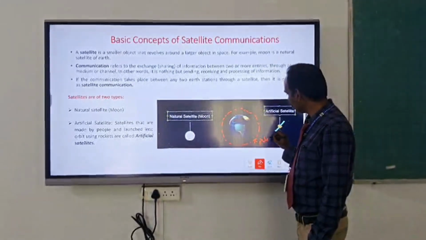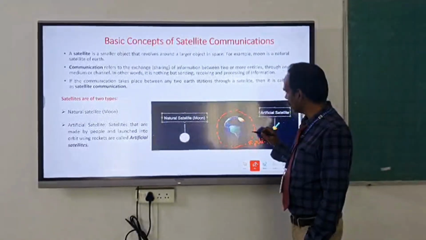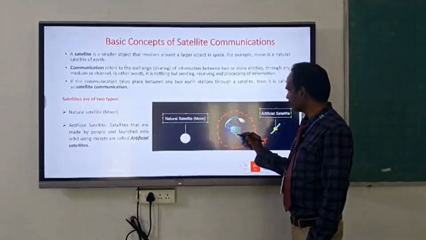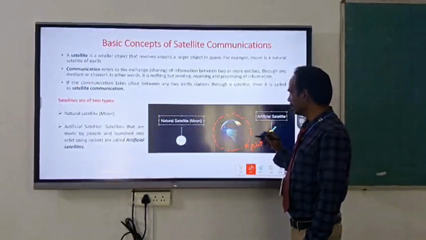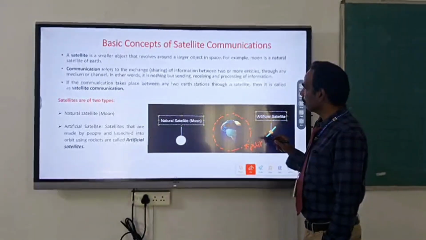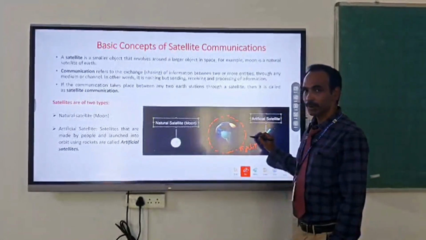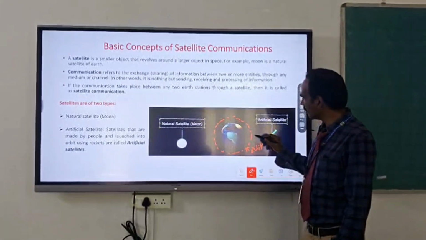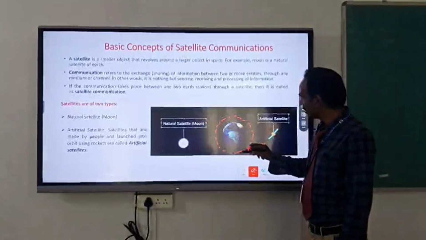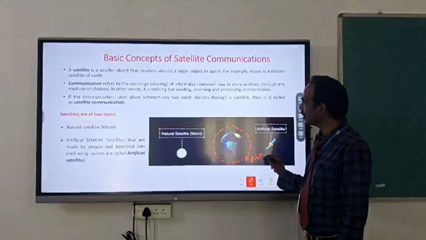This is the path of the satellite around the earth. That means a satellite is moving in this path around the earth. So from the definition of the satellite, a smaller object which is revolving around the bigger object in space, having a particular path. This path we call an orbit.